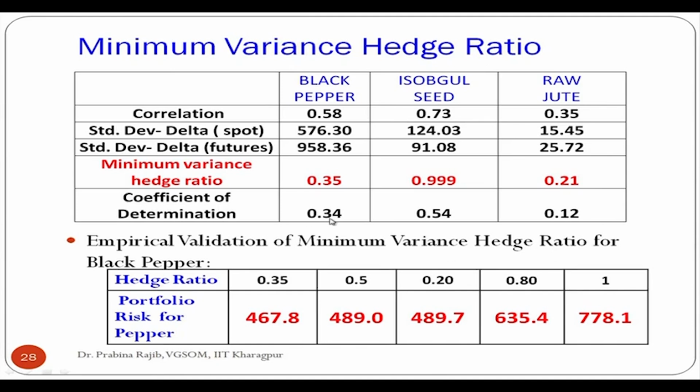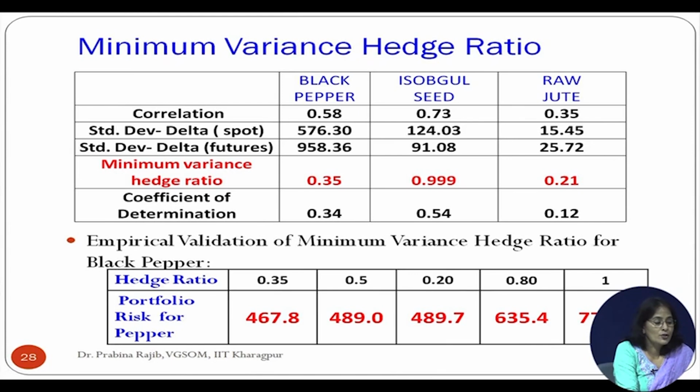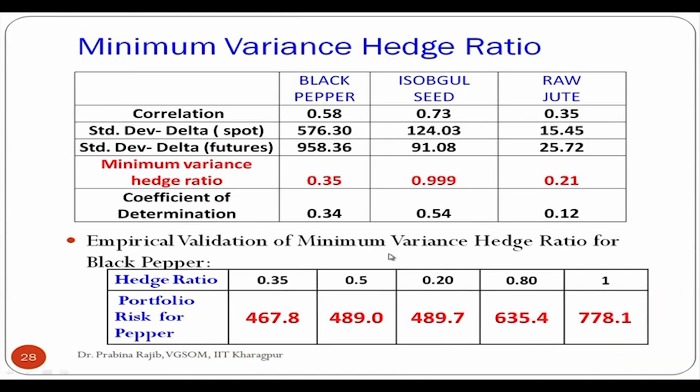Now I'll pose another interesting question to you. Is the minimum variance hedge ratio calculated using this formula method or the regression method really the minimum variance hedge ratio? Can there be any other combination of spot and futures which will result in a lesser amount of portfolio risk?